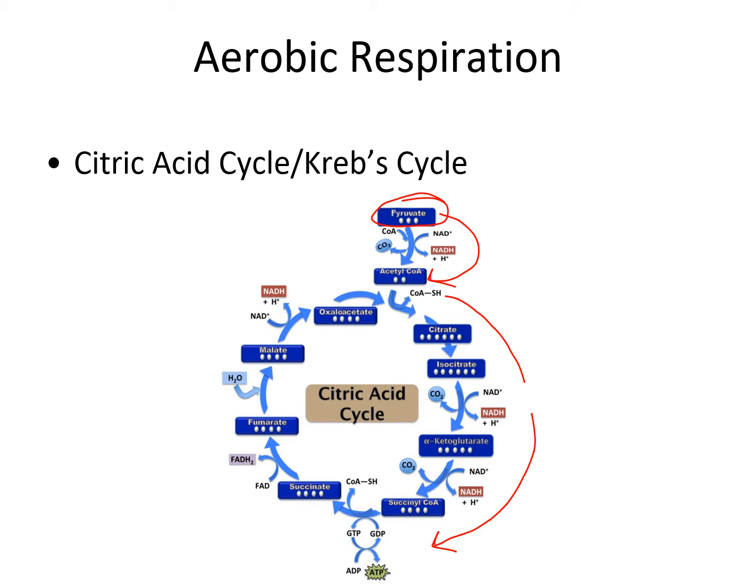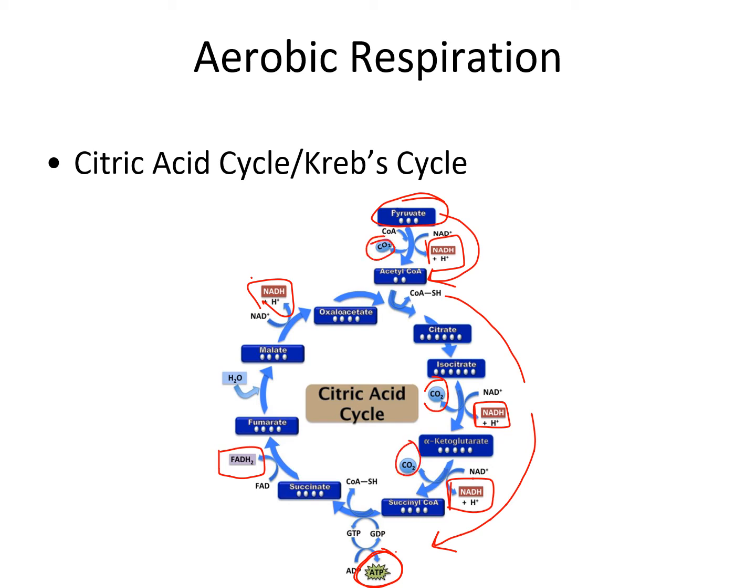And oxidized means that the hydrogens, the energy is going to be removed from that molecule. And in doing so, it's going to generate a little bit of ATP, but it will also generate electron carriers, NADH, and will also generate another electron carrier, FADH2. And also during this process, this is where the waste product of carbon dioxide is produced.